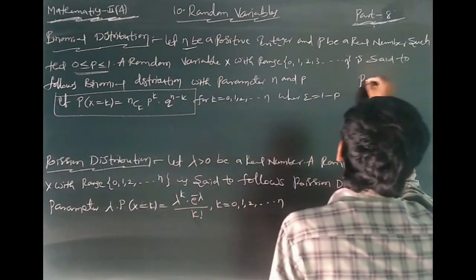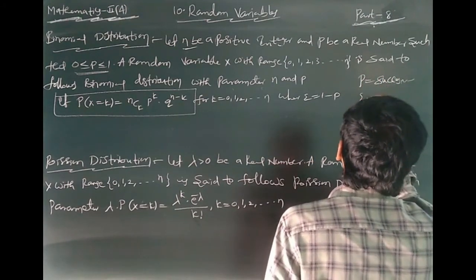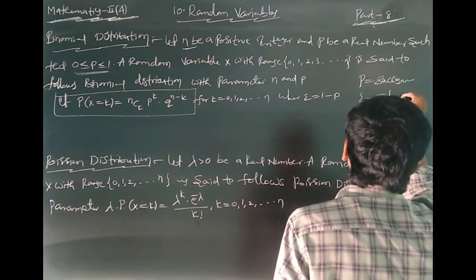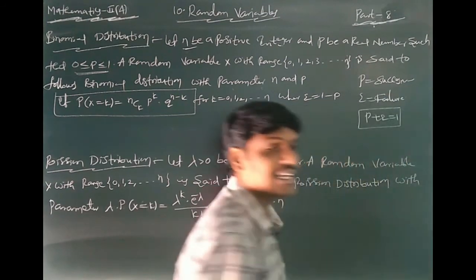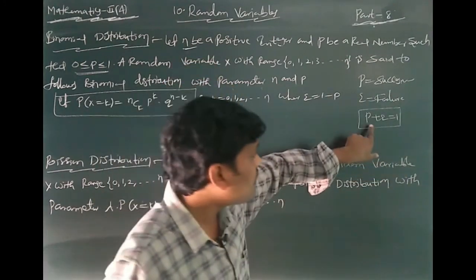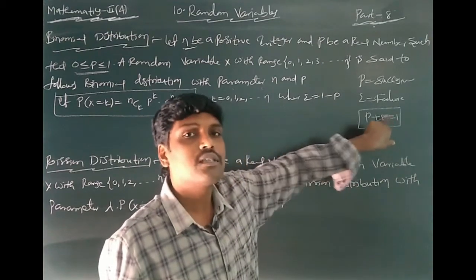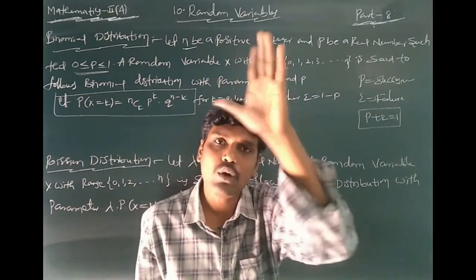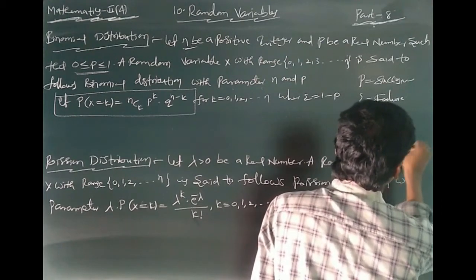Here p is called the success probability, and q is called the failure probability. The sum of the success and failure probability is equal to 1. The sum of these two is always equal to 1. Then q is equal to 1 minus p. You can write p is equal to 1 minus q.